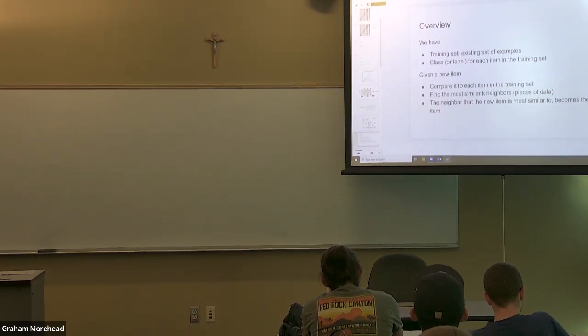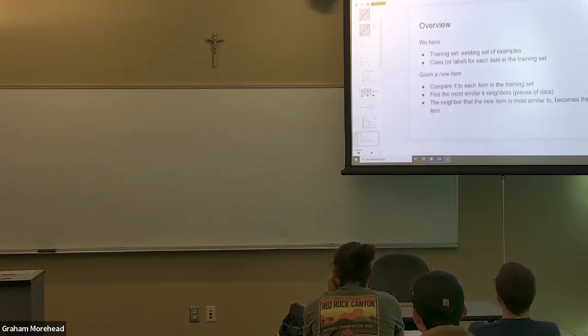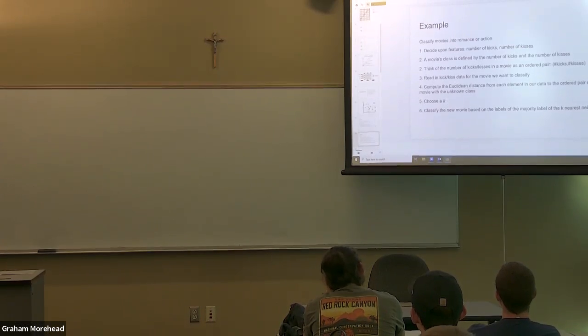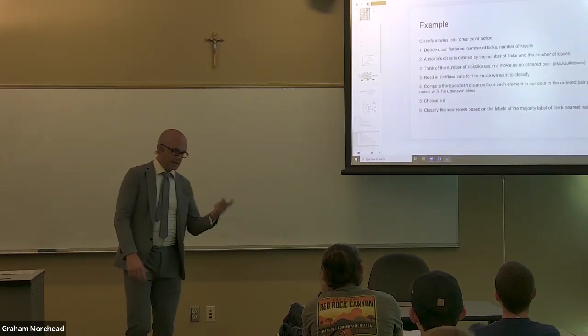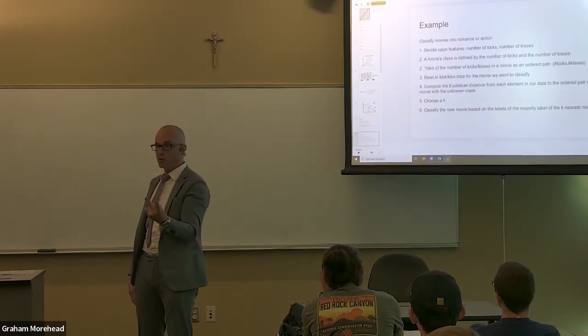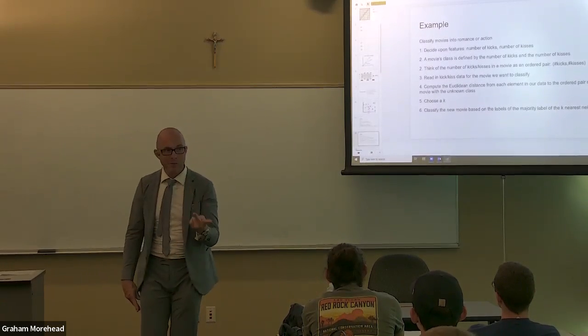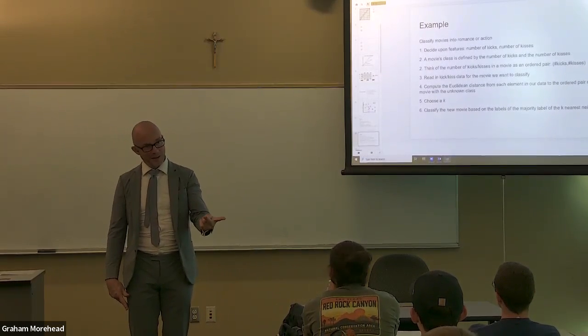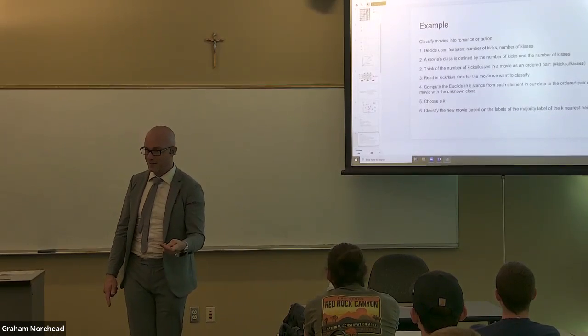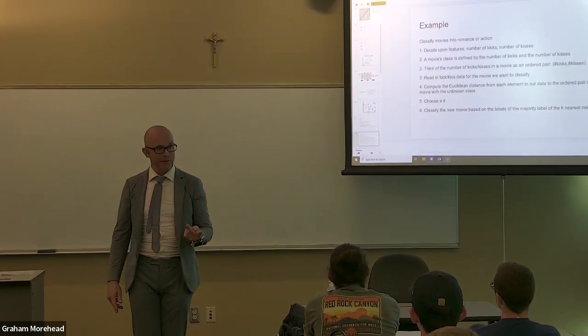Okay, now a few slides from Dr. De Palma. Okay, he likes to imagine a scenario where you're guessing a type of movie. So if we're going to classify movies, and let's say we just choose two features, the number of kicks and the number of kisses. It's pretty informative.